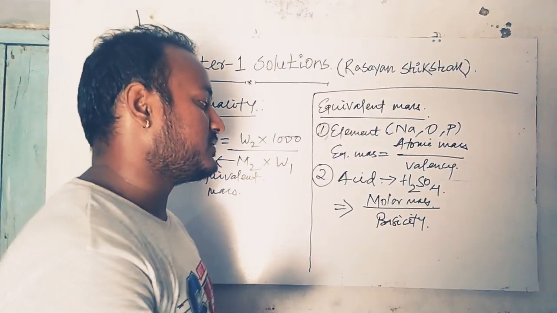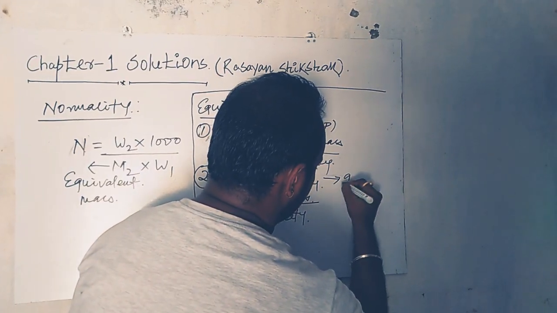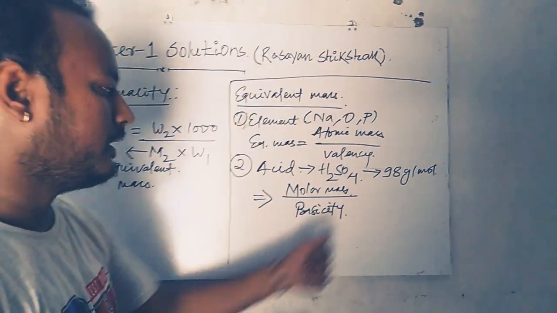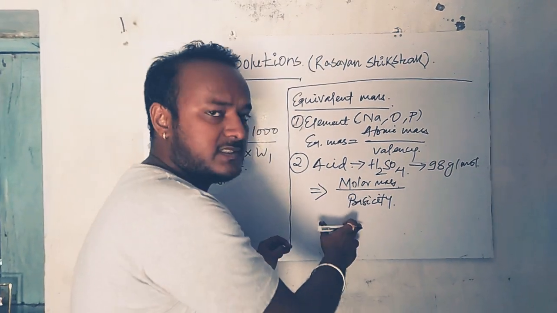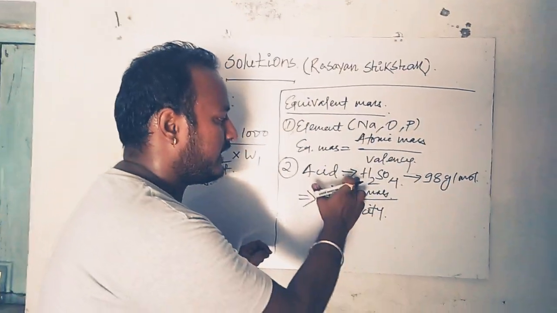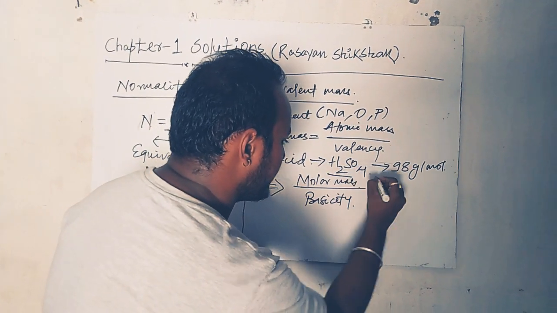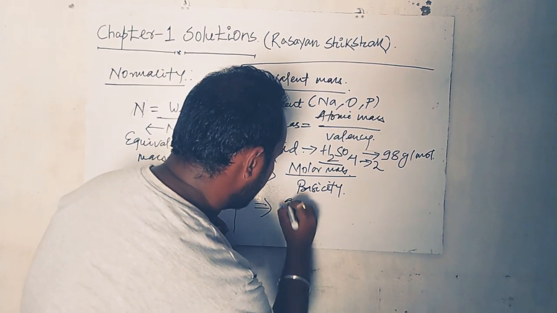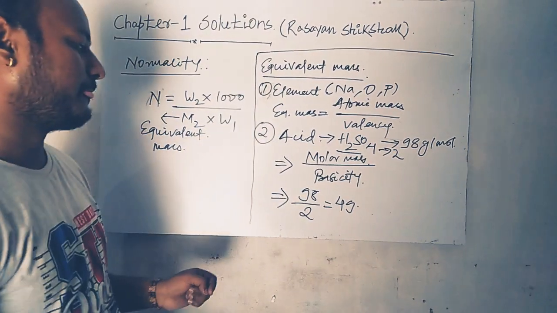In case of H2SO4, the molar mass is 98 gram per mole. What is basicity? The number of ionizable hydrogen atoms present in any acid is called its basicity. In case of H2SO4, the basicity is 2. So the equivalent mass for H2SO4 will be 49.